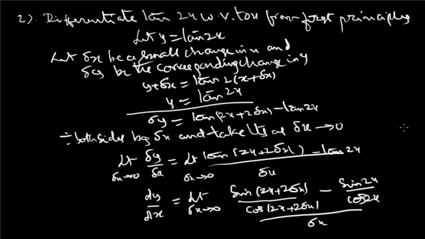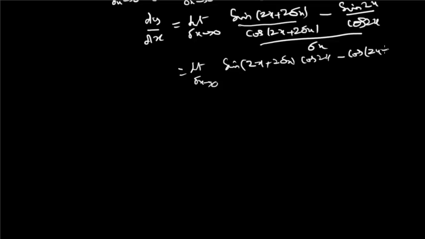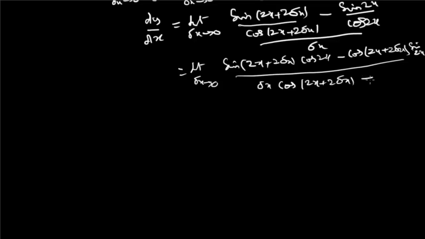Now we take the LCM, limit delta x tending to 0, sin 2x plus 2 delta x into cos 2x minus cos 2x plus 2 delta x into sin 2x, whole divided by, and that LCM together with this delta x, cos 2x plus 2 delta x into cos 2x. So numerator: sin a cos b minus cos a sin b, sin a minus b.